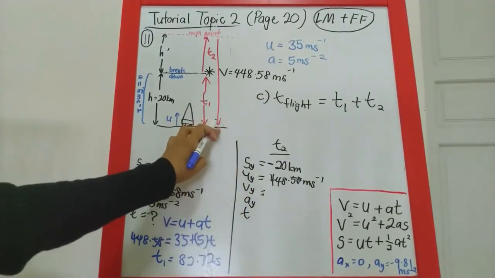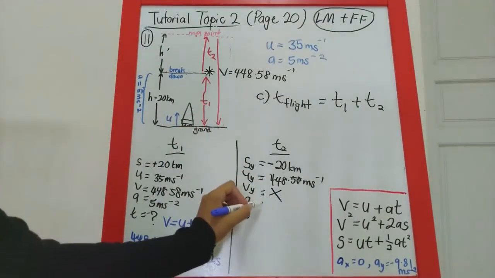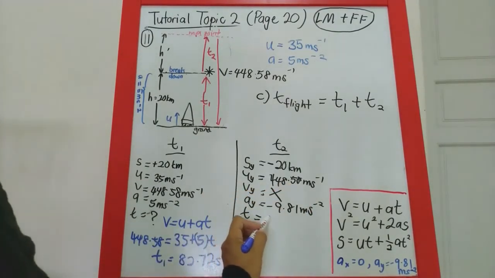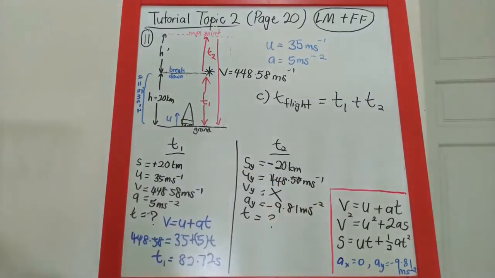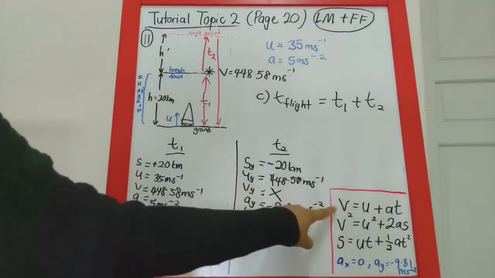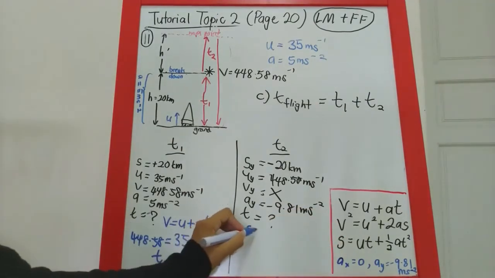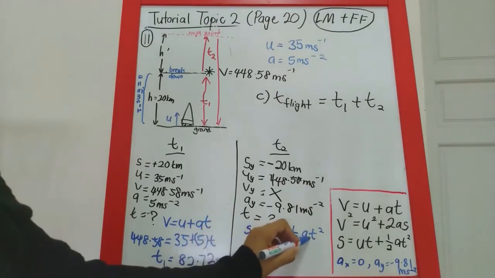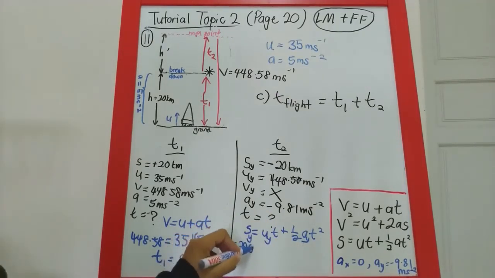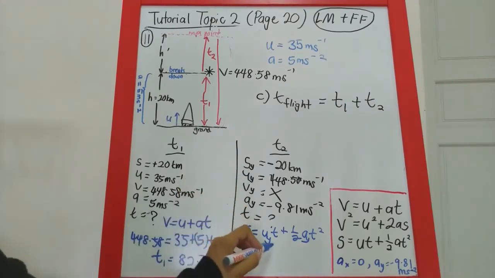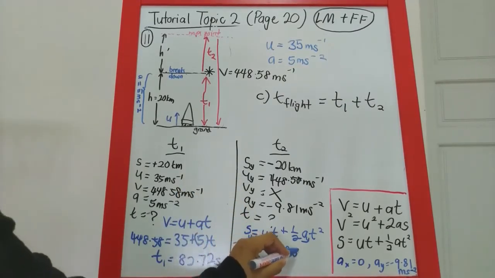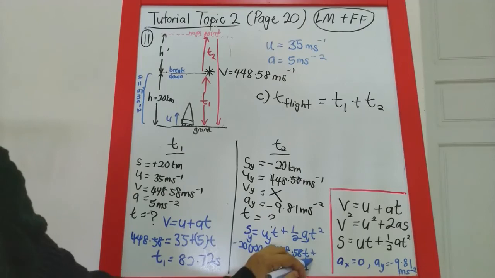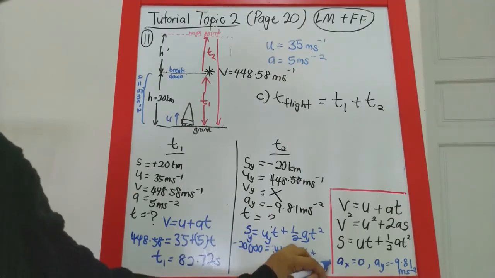Vy is here. We don't have any information regarding Vy. Ay is negative 9.81. Okay, time is what we need to find. Choose the most appropriate equation, the one without V, therefore the third one. S equals uy t plus half a t squared. So please label the Y component. Substitute 20 kilometer. So UY is 448.58 T plus half a T squared.